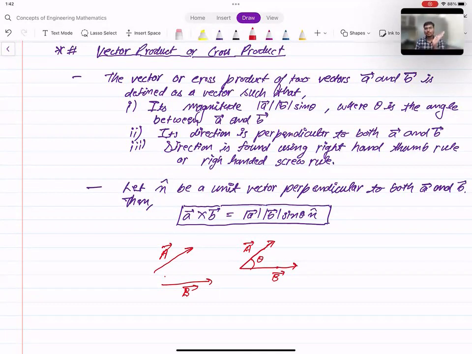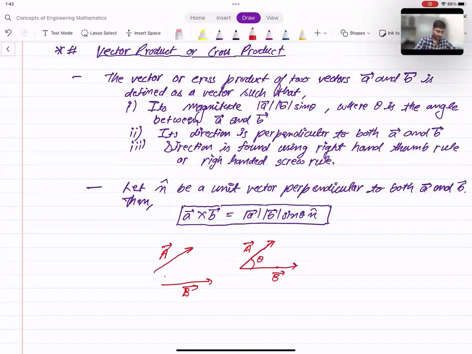As I mentioned, it should be away from you. I used the left hand just to demonstrate, actually we should use the right hand.